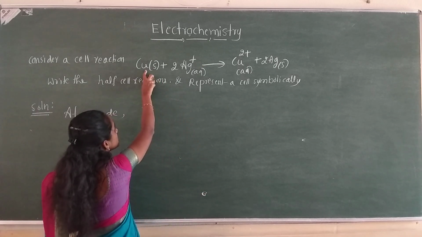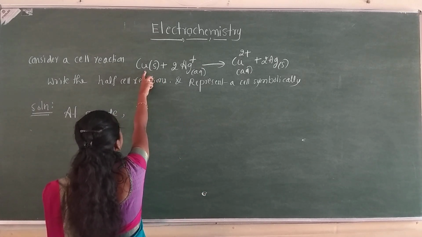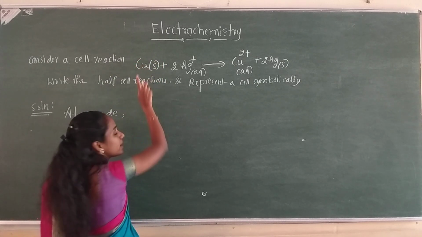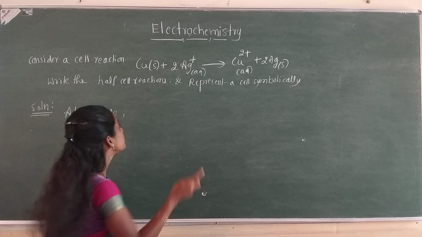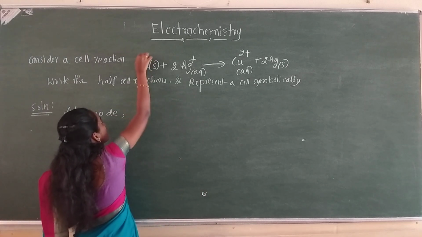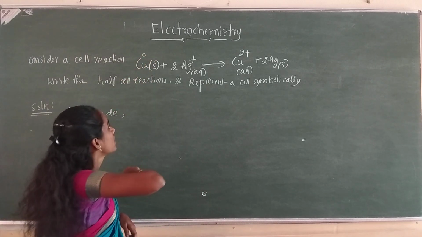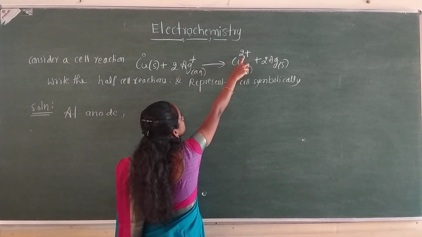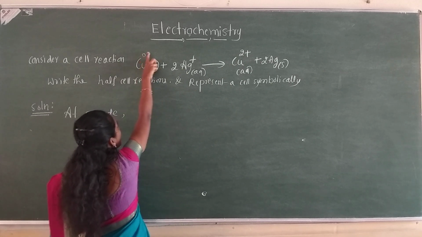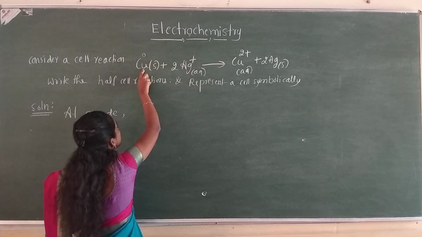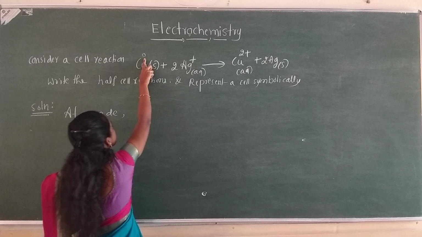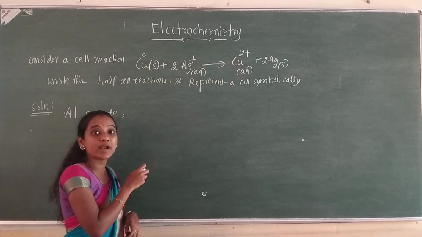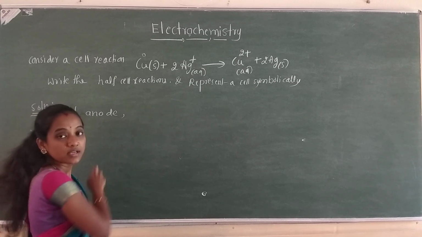In the reaction you can see in the left hand side we have copper. It is in a free state, having only one element in free state, so the oxidation state is 0 here. If you consider the right hand side, we have Cu with the oxidation state plus 2. So you can clearly identify that the copper undergoes oxidation here because there is an increase in the oxidation state of the element, isn't it?